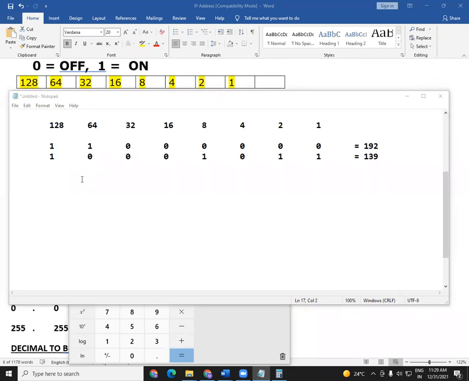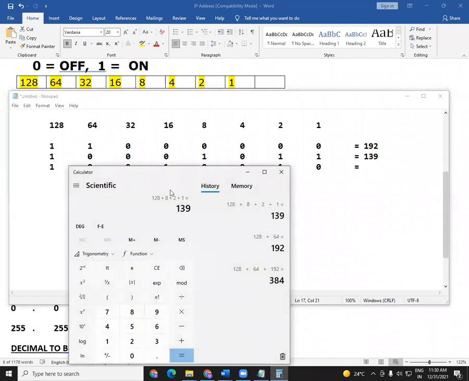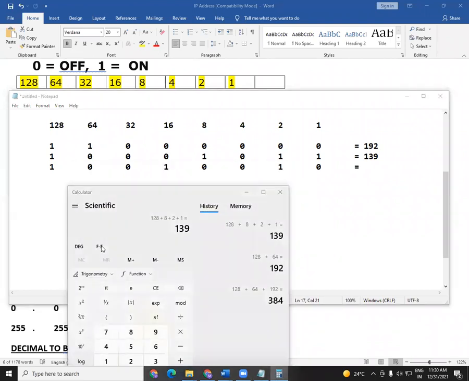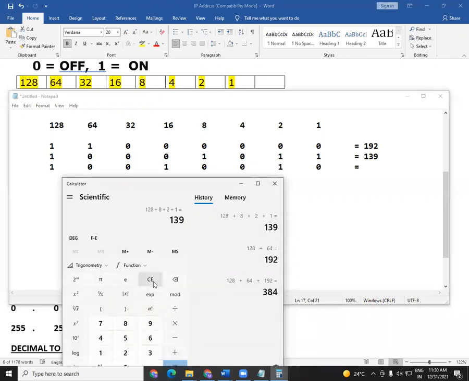Okay, I got a value here. 1 0 0 1 0 0 1 0. So what will be the decimal value? Now, what we need to do: wherever there is a 1, that bit is counted as an on bit, and wherever there is a 0, that bit is counted as an off bit.